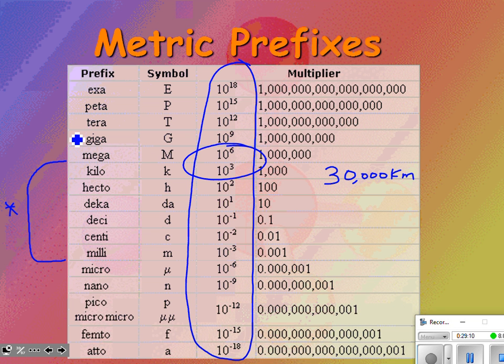Okay? And I want to put that into megameters, which is the very next one. I see that from kilo to mega is how many jumps? 3 jumps. Okay? 3 jumps.